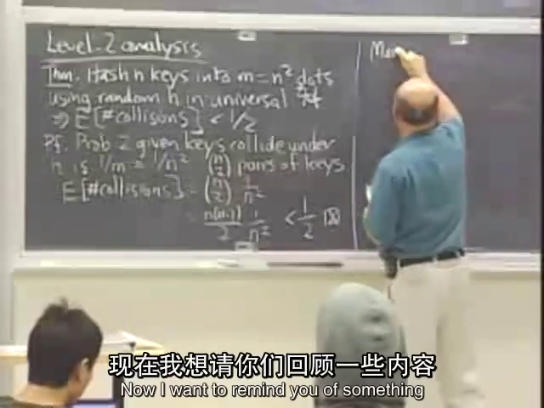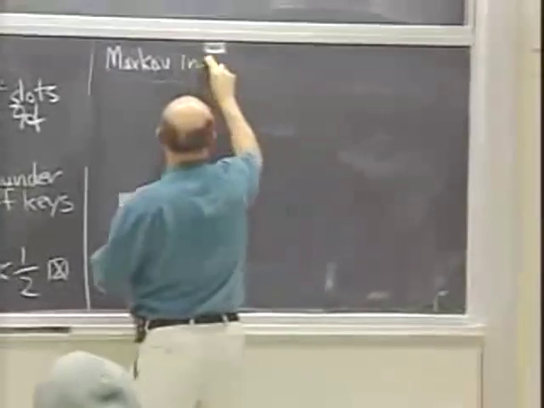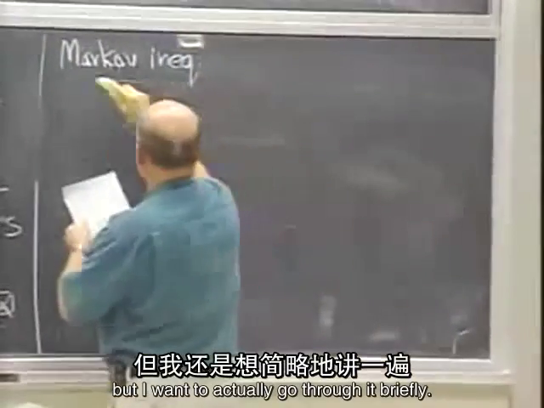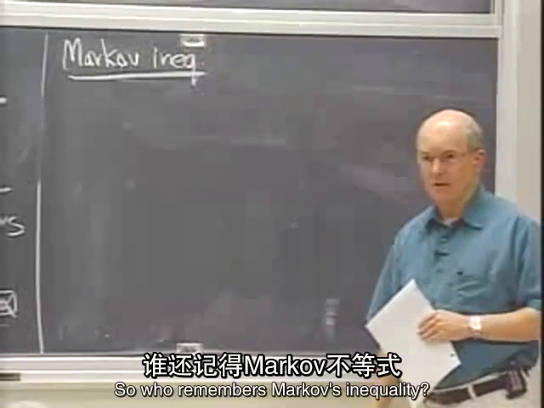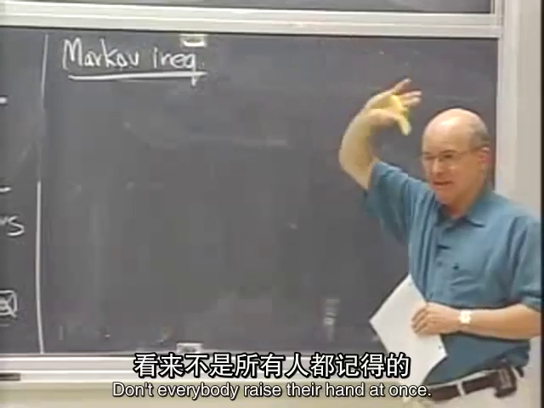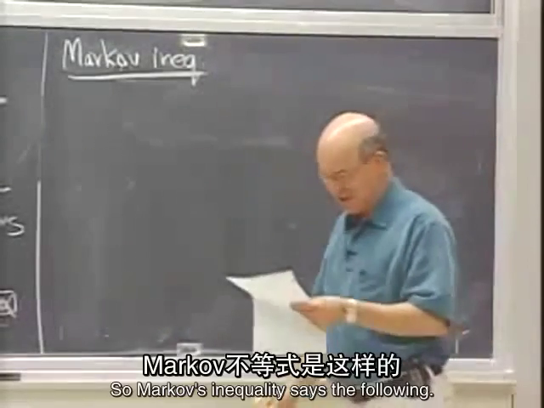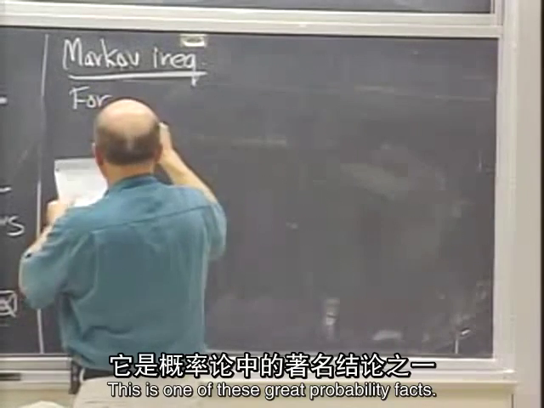Now I want to remind you of something which in the past I've just assumed, but I want to actually go through it briefly. It's Markov's inequality. So who remembers Markov's inequality? Don't everybody raise their hand at once. Markov's inequality says the following. This is one of these great probability facts.